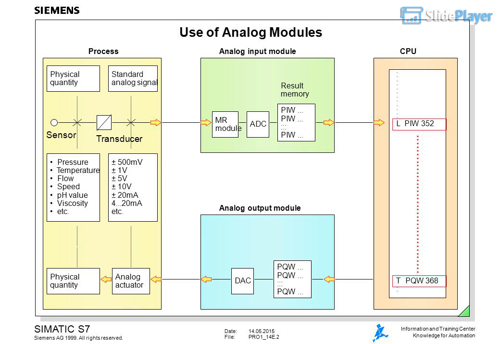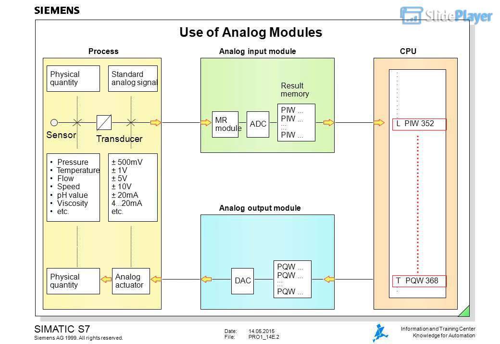Use of analog modules. Sensor, transducer, process, physical quantity. Standard analog signal. Sensor. Transducer. Pressure, temperature, flow, speed, pH value, viscosity, etc. Plus minus 500 millivolts, plus minus 1 volt, plus minus 5 volts, plus minus 10 volts, plus minus 20 milliamperes, 4 to 20 milliamperes, etc. Measuring range module.